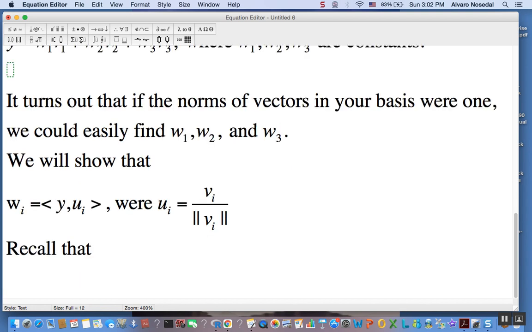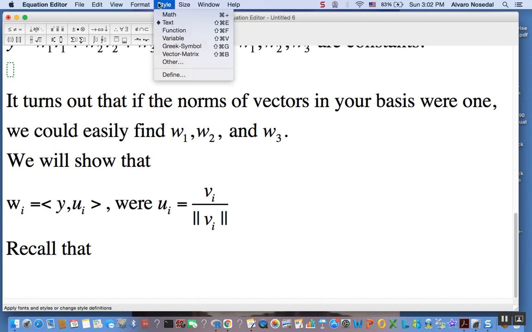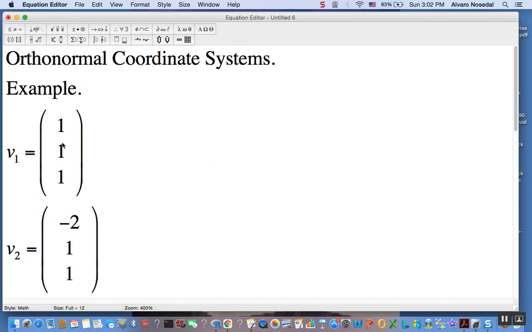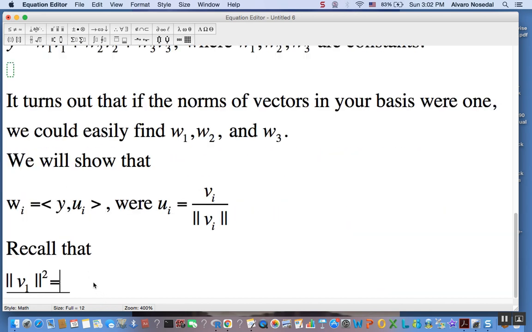Recall that the squared norm of v1 is just, since v1 is 1, 1, and 1, 1 squared plus 1 squared plus 1 squared, which is just 3.